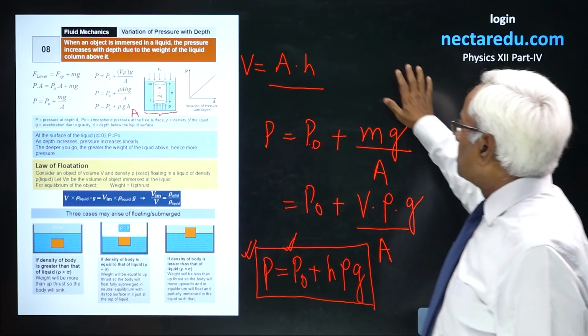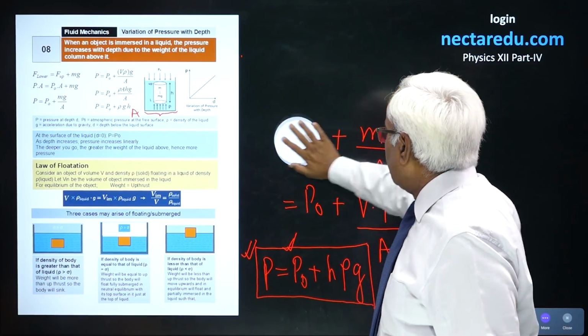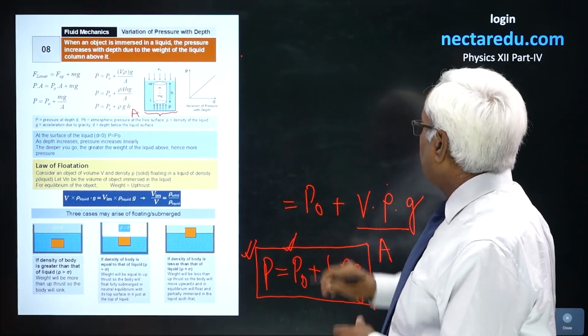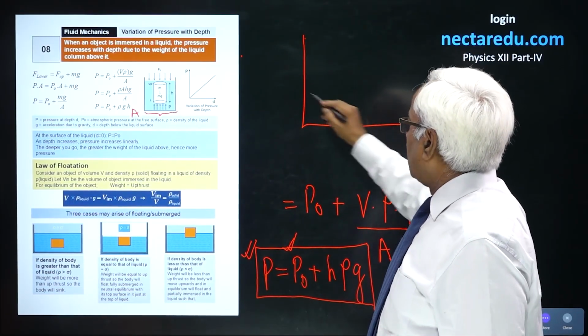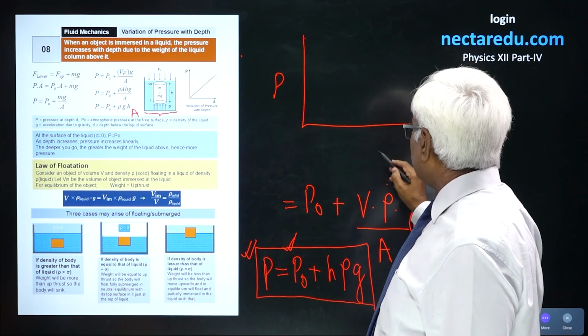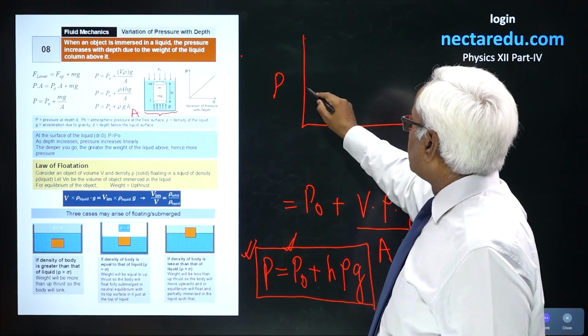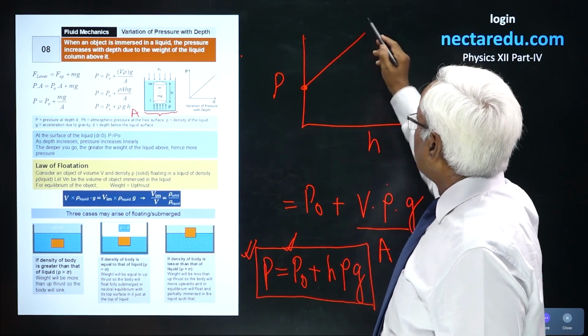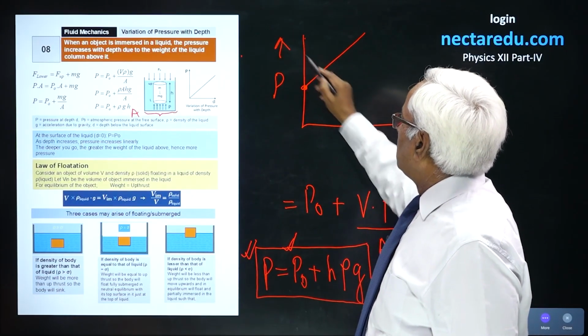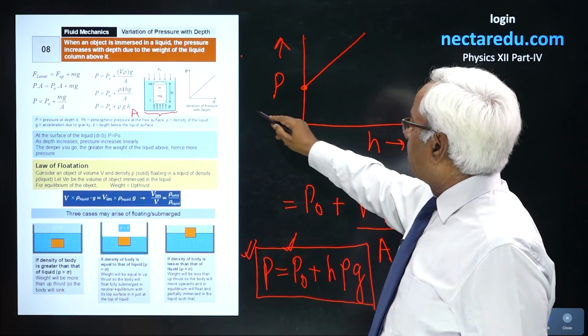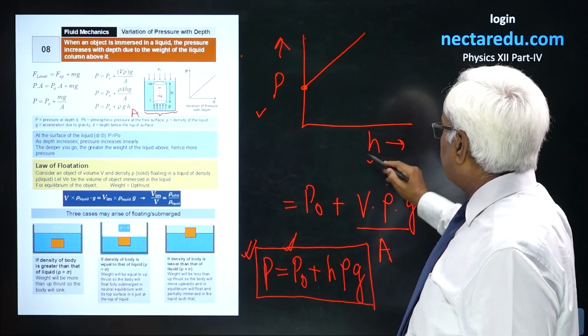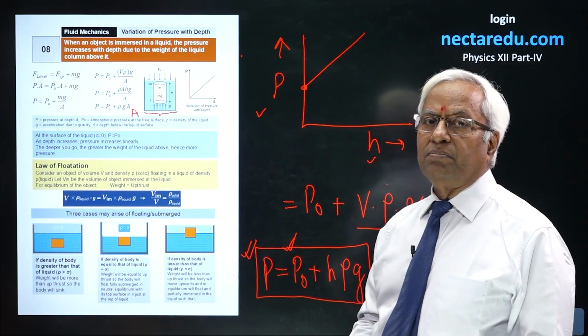Here you see the equation in the form of y equal to mx plus c. If you want to plot the graph between pressure and this H, it's going to be a linear graph this way. But here we are considering the absolute pressure and the height of the liquid column.